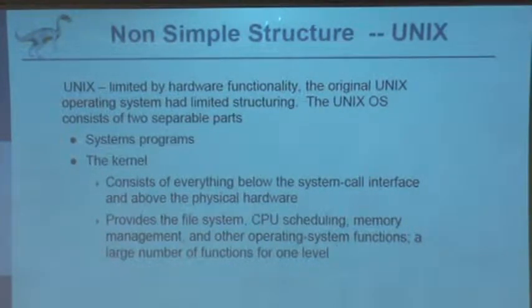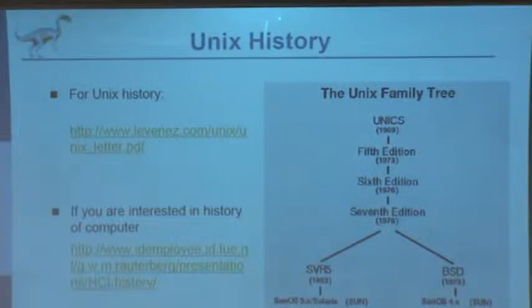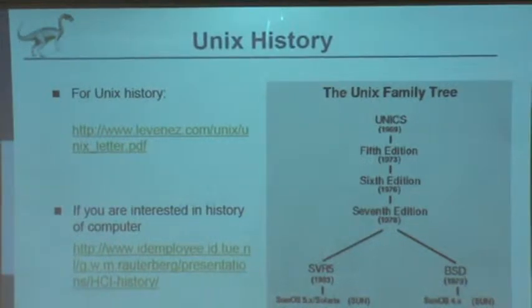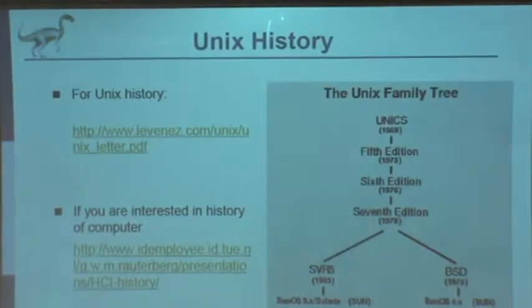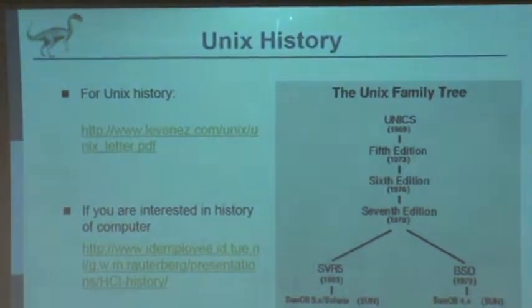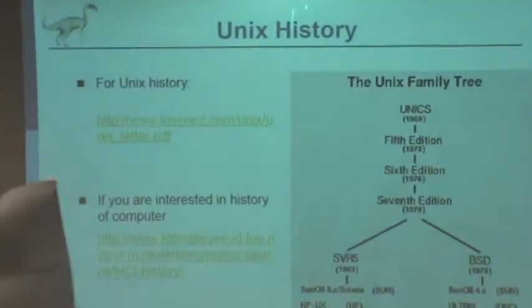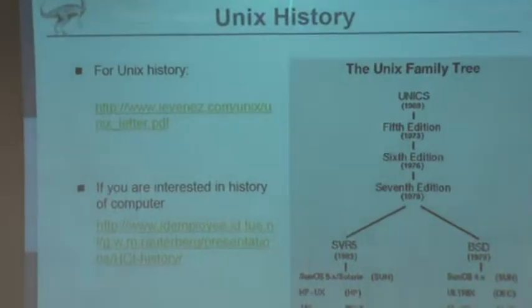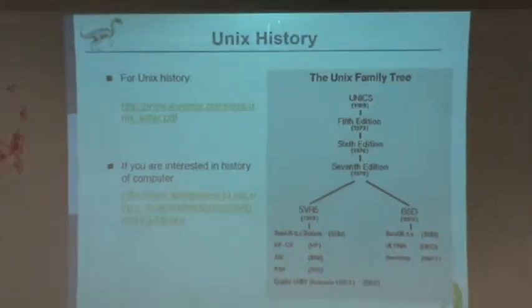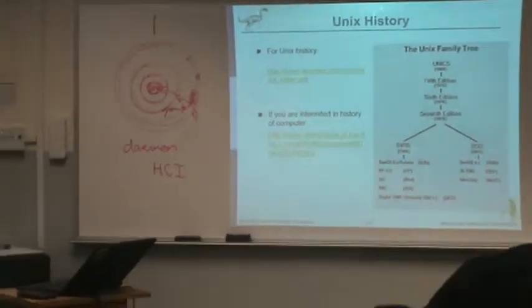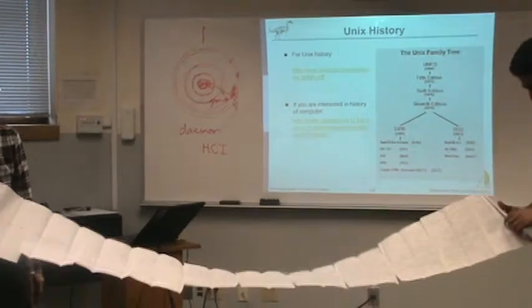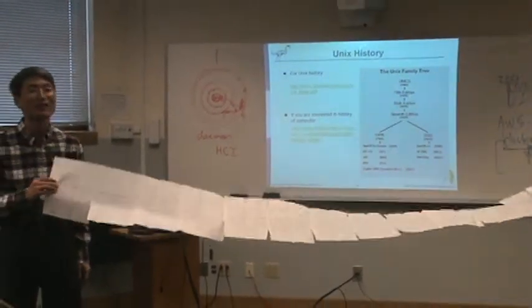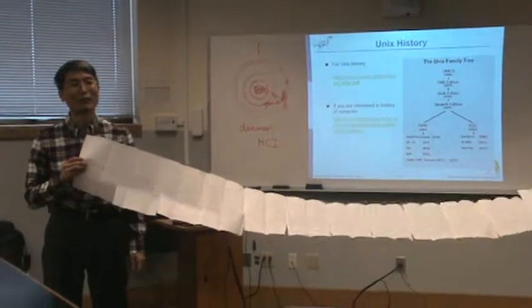The Unix system. This is also from 1969. So 1969 is very important. Can you help me? Do you know what this is? This is a family tree of Unix.